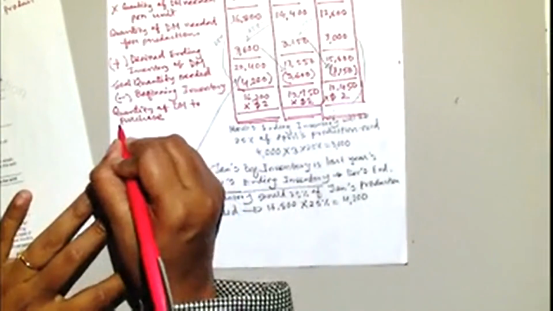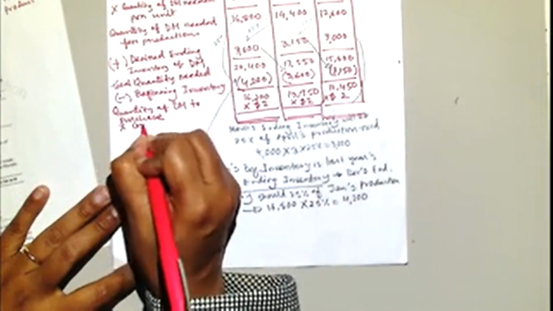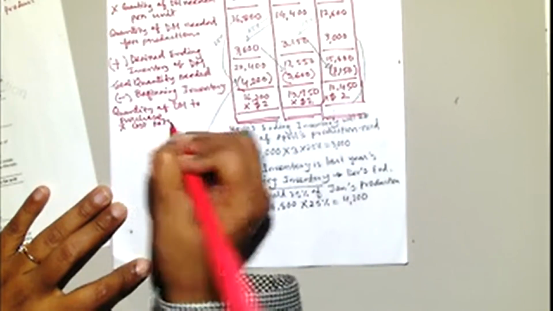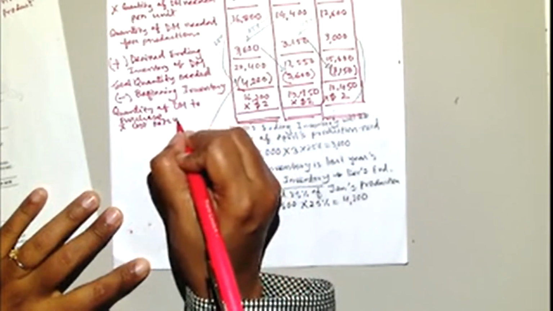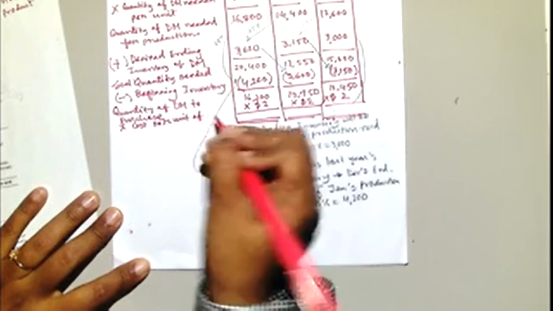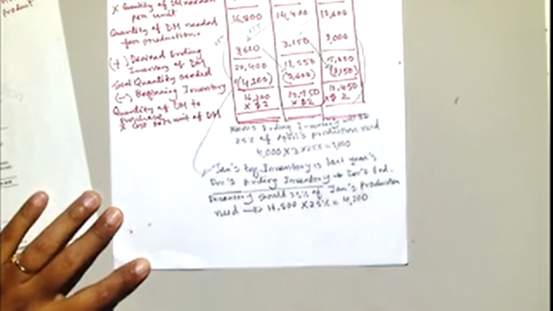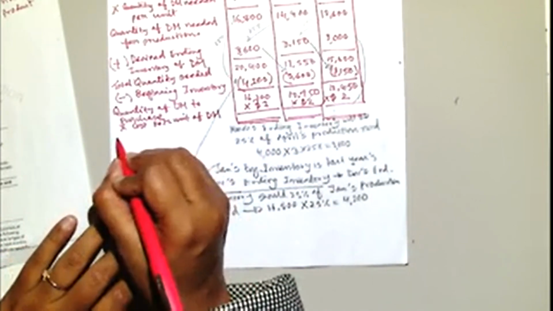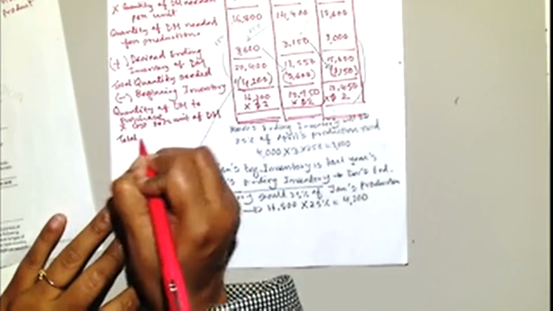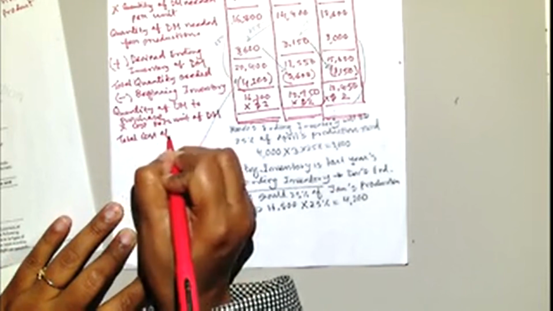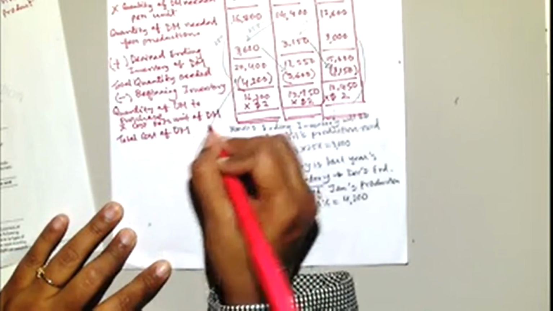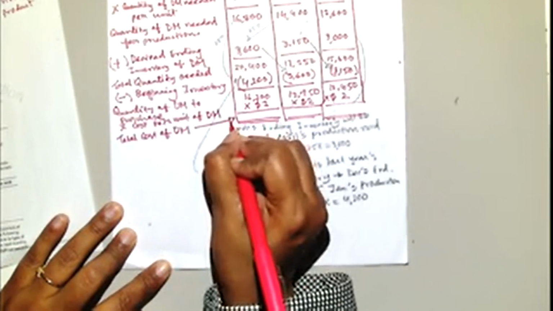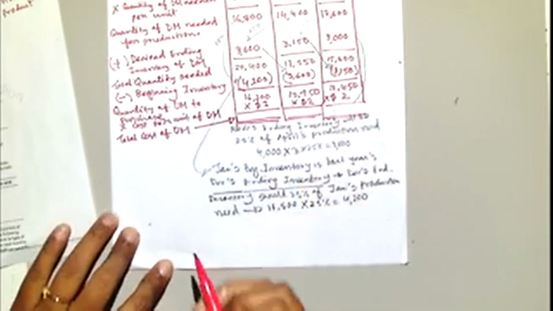I will say it is cost per chip or cost per unit of direct material. So if you multiply by 2, you will figure it out. Total cost of direct material. This is your budgeted cost of your direct material.